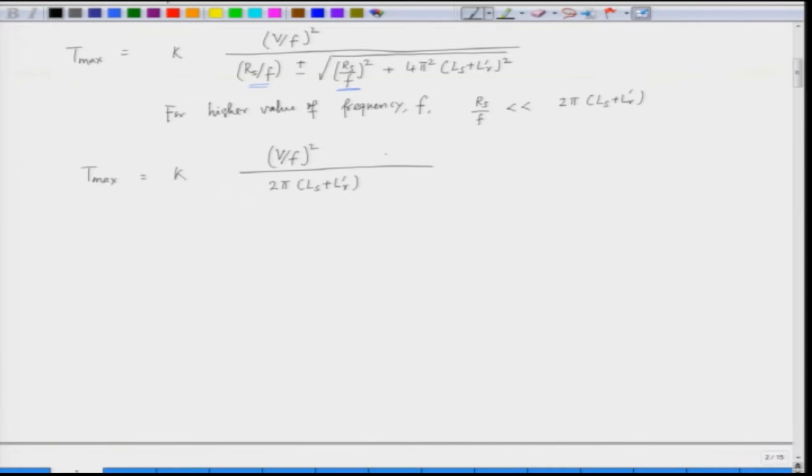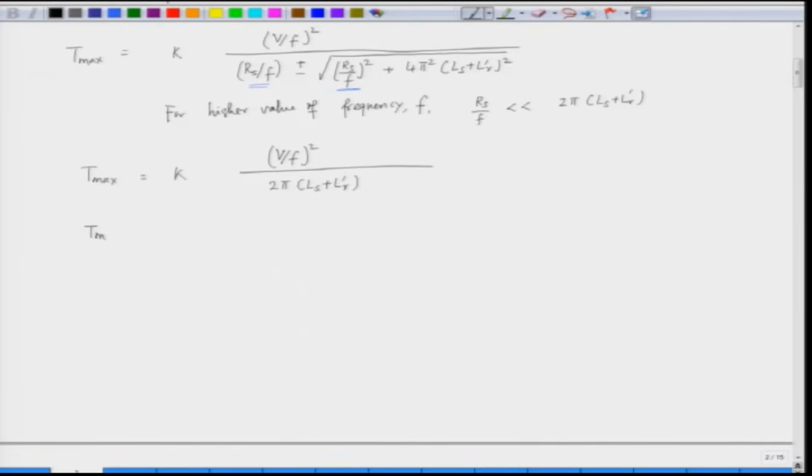Now, this is our equation which gives the maximum value of torque. Now, we see that the maximum torque remains constant if V by f is kept constant. That is the reason why we always keep V by f constant when we are varying the voltage and the frequency.